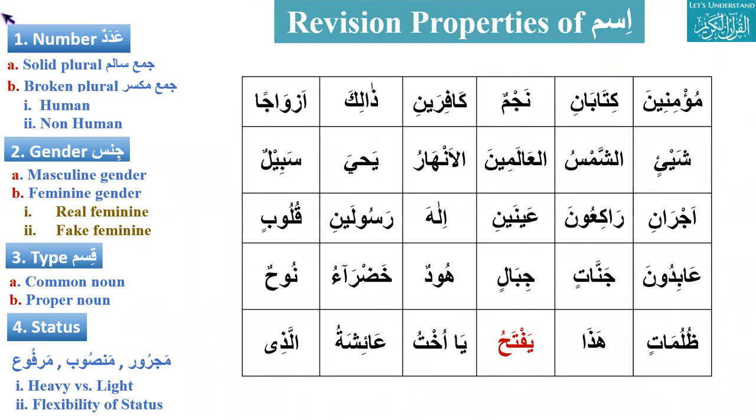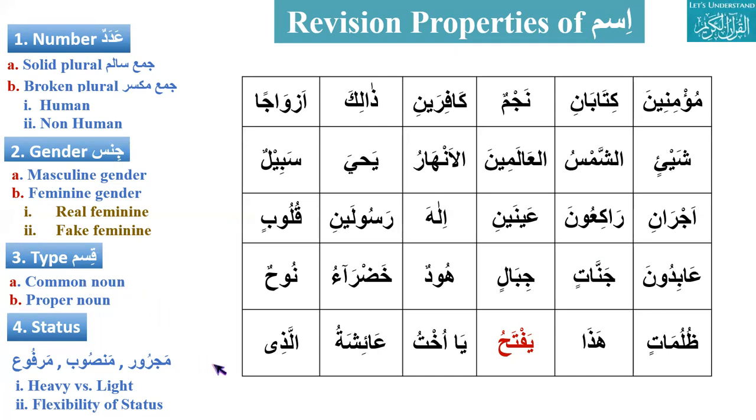Raki'una. Okay, start with number. It is plural. Which plural, solid or broken? Solid plural. Gender? Raki'una is masculine. Ism, or type, is common.